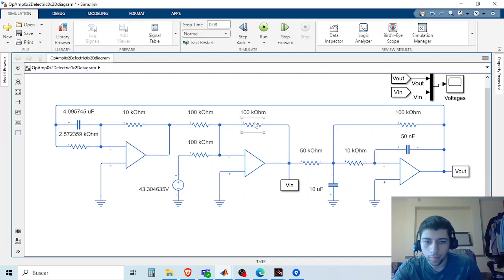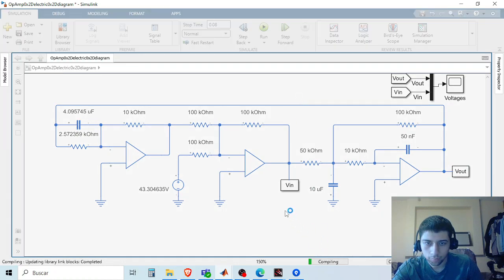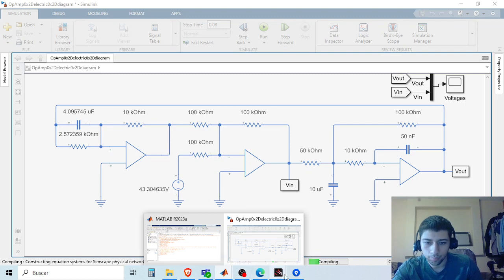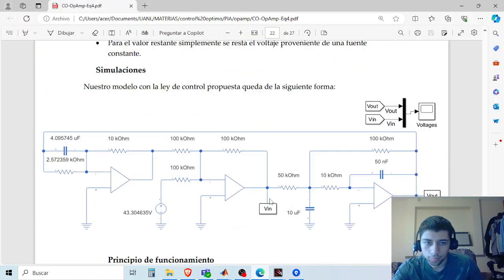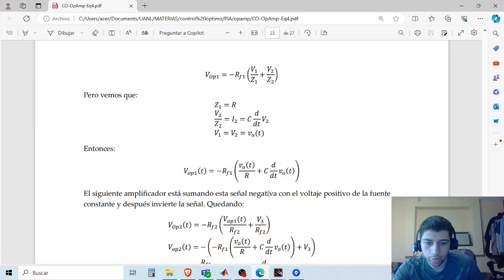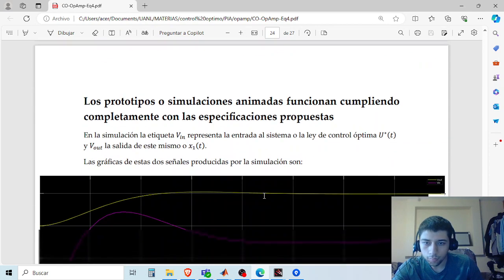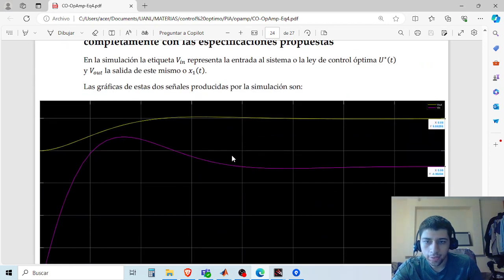And then we are gonna simulate this model at the same final time. So it is still loading, and it should give us the following dynamic.